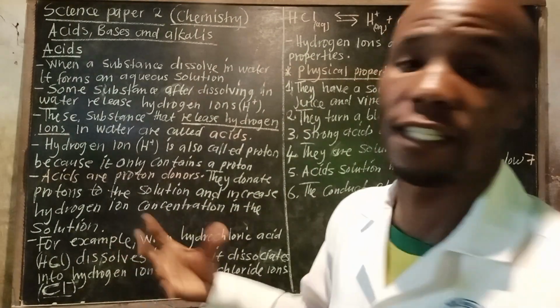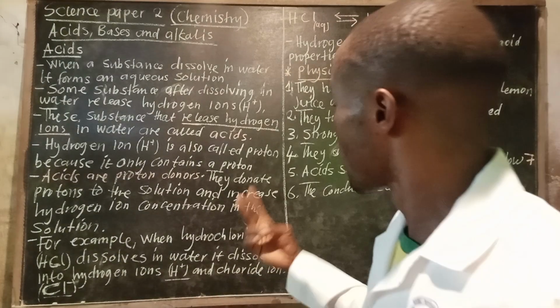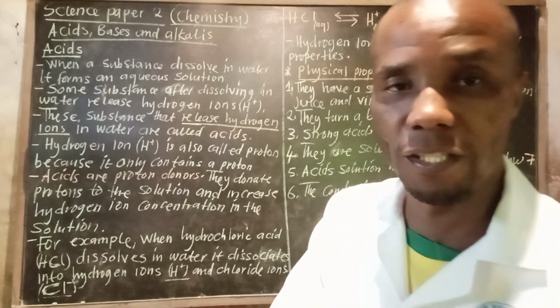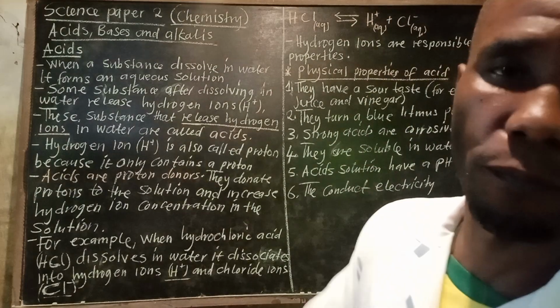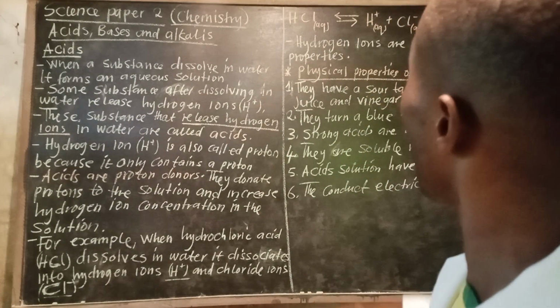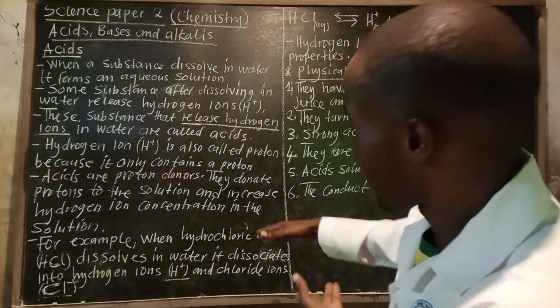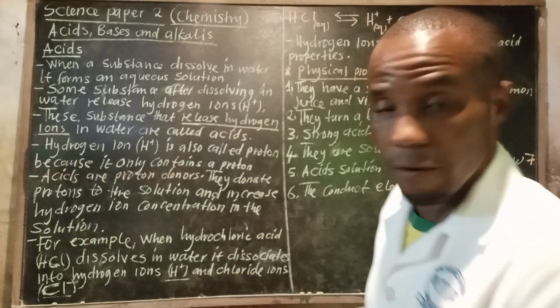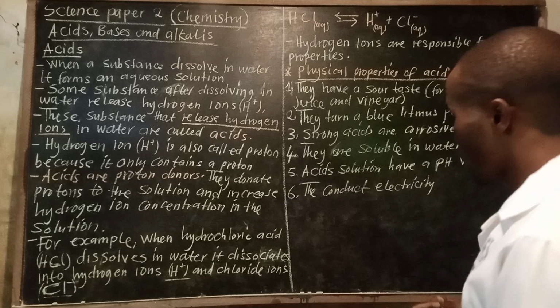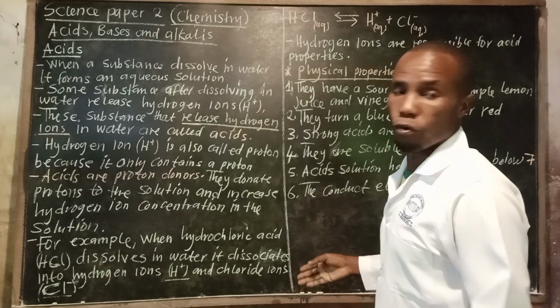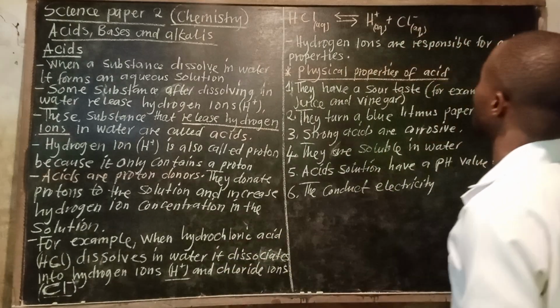So it has given out protons there. Those ions are also called protons, because they contain protons. Just like the example I have given you, there is a chemical equation there which explains what I'm trying to say here.